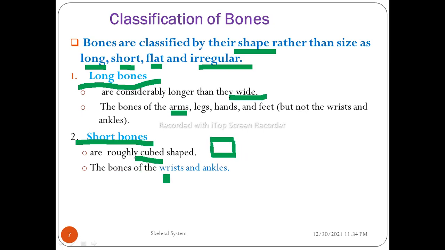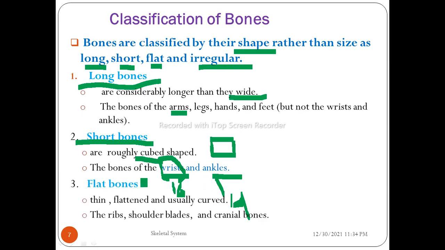The bones of wrists and ankles are considered short bones. Carpal bones number about 16 from two hands, and ankle bones about 14. We will see in detail what the carpal bones and ankle bones are.